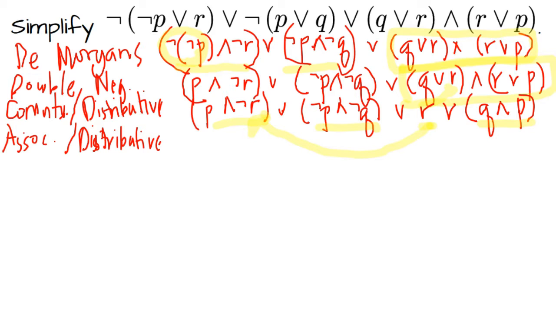So giving us R or P and R or R or negation of R.